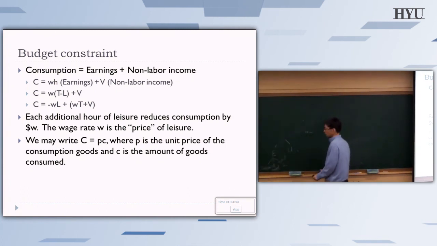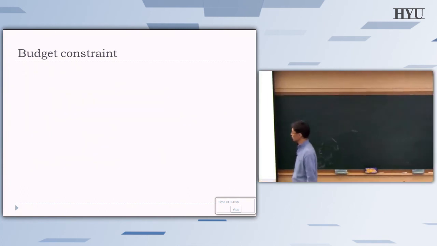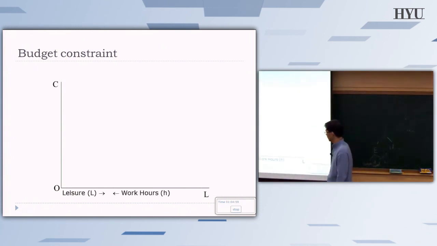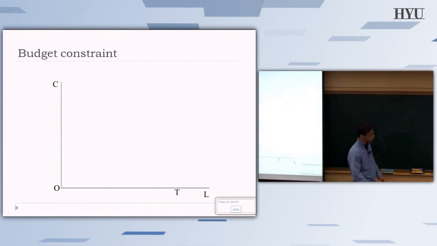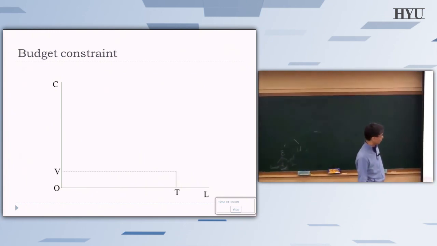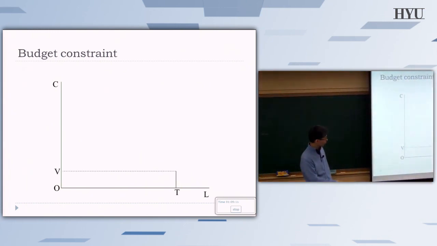When we have the budget constraint, we just draw it this way. We have leisure, and the maximum is T. We cannot go above T. If the person has leisure equal to T, it means zero earnings, so the person's consumption must equal V, because there is no earning.